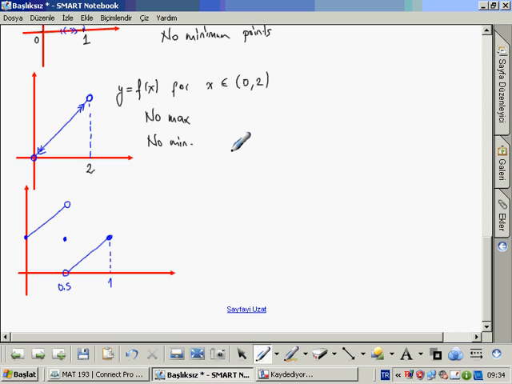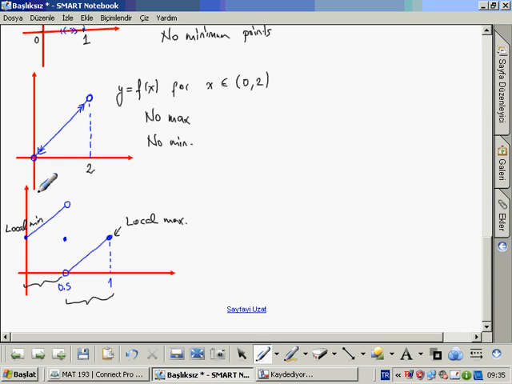For example, this point is a local minimum point, and for this point, a local maximum, because in this locality this point is the maximum. And for this locality, this point, which is x equals 0, is a local minimum.